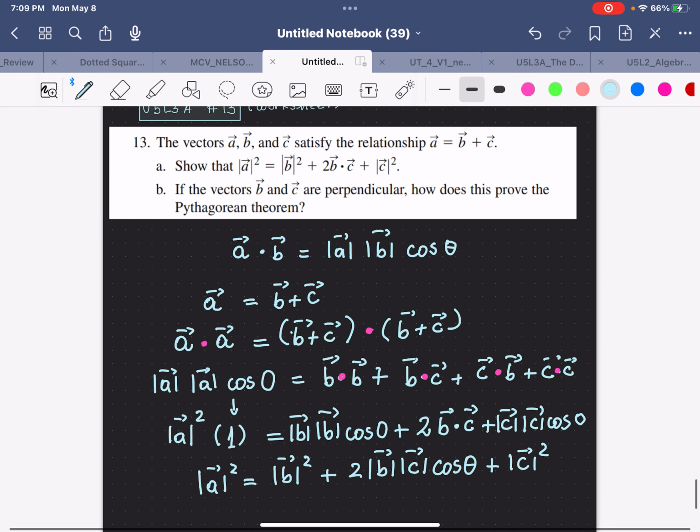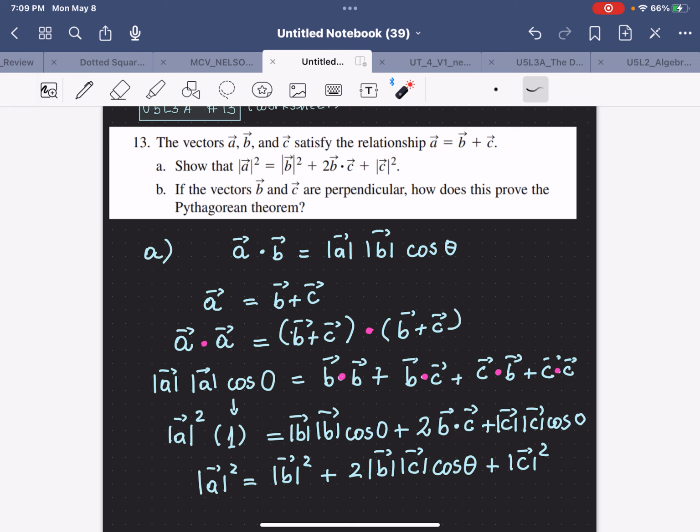Therefore, the left side is the magnitude of A squared and the right side is B squared and C squared, and the middle is 2 B dot C. Actually, we expanded it. You could have kept it in this format. Now, this is the answer for question A.